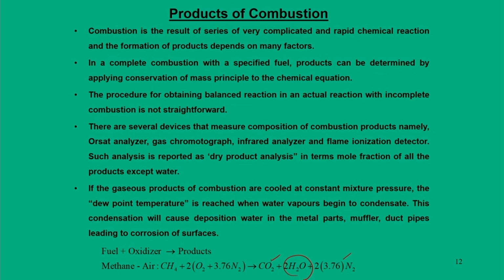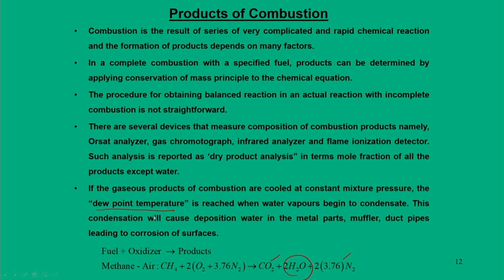So, when water vapor changes its phase to liquid form, it has to pass through a temperature which we commonly refer to in psychrometrics as the dew point temperature. Initially, the gaseous products of combustion are already at elevated temperatures, and when they are released or cooled to atmospheric pressure, the water which existed as a vapor changes its phase and is likely to condense.